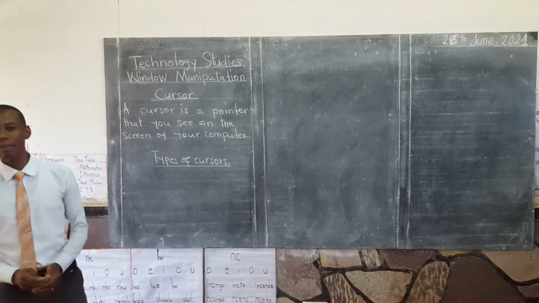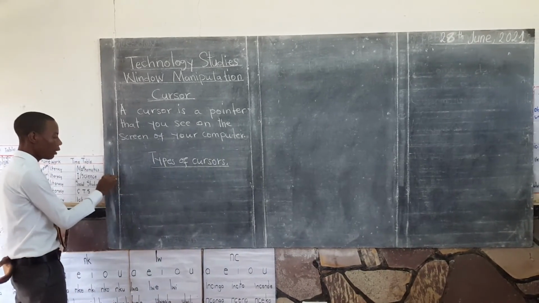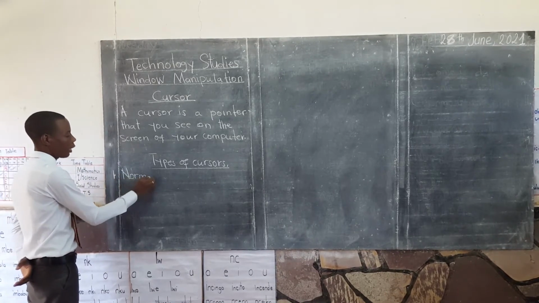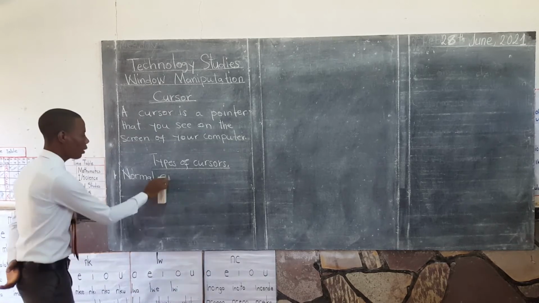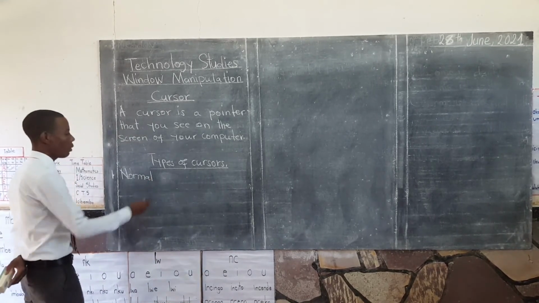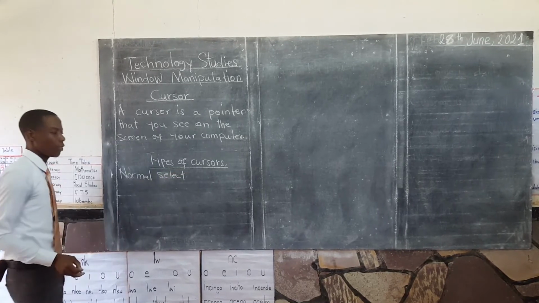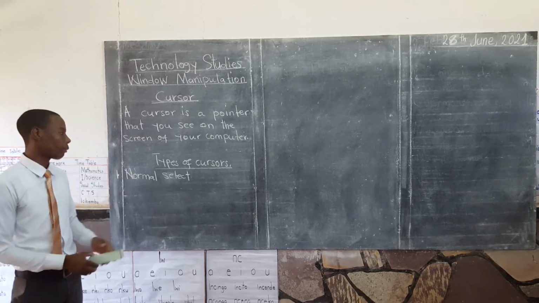Some of which are, one, what we call a normal cursor, or say a normal select. So we have what we call a normal select cursor.